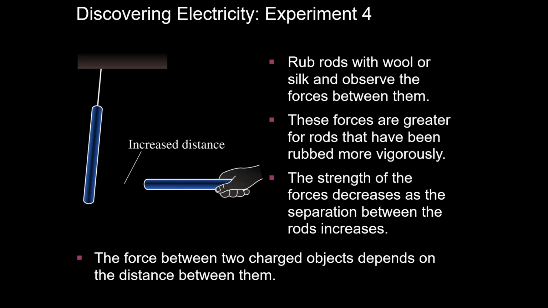So more rubbing of these rods means more electric force. If they're closer together, the force is larger. If they're further away, the force is less. So those are some empirical things that we could use to do experiments to create a relationship between the two.